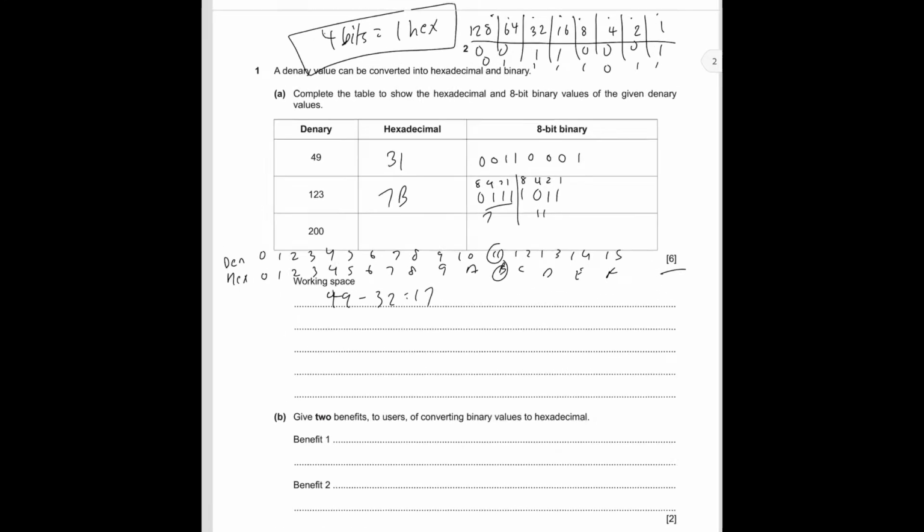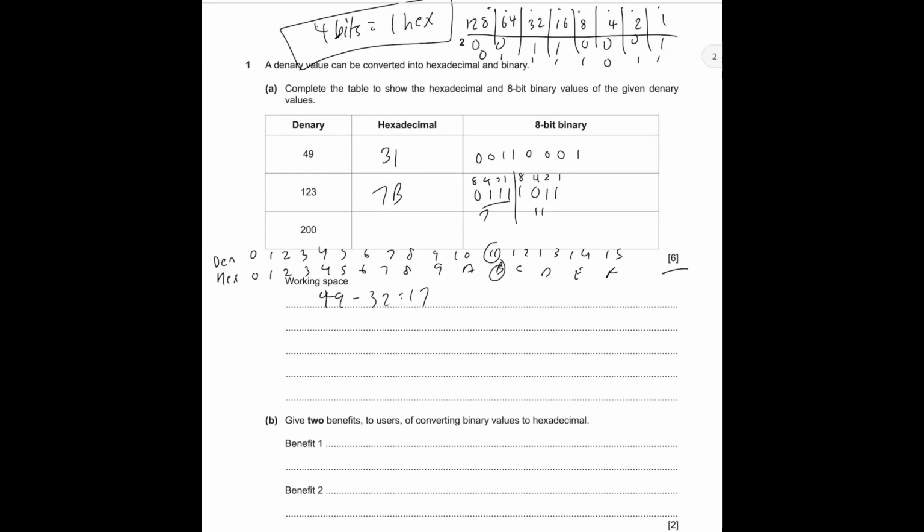Now 200. 200 is an interesting value. The only place where 200 is possible is with 128. I'm going to write it down here so it's simpler for you guys to see the values. 200 minus 128 is about 72.